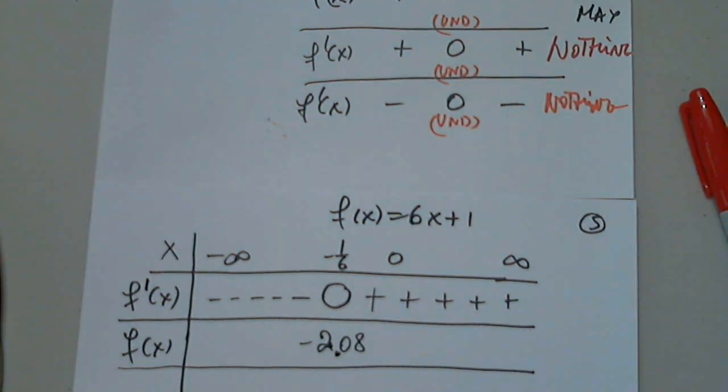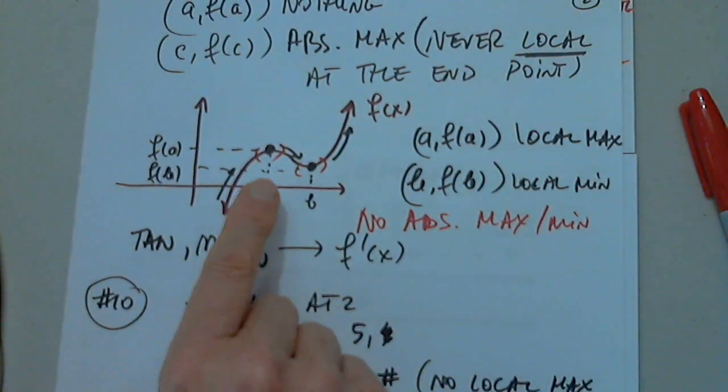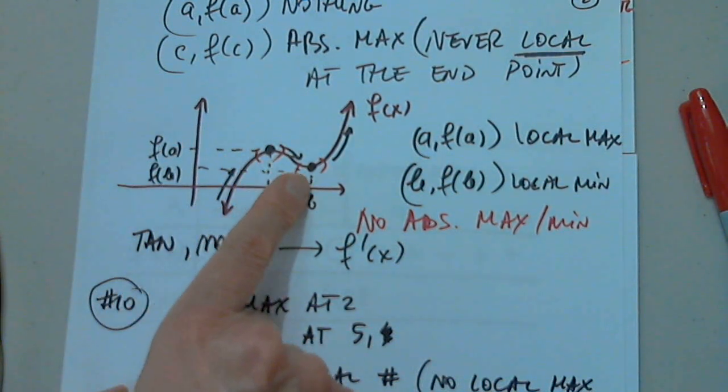And now you tell me, when the first derivative is negative, what does the function do? Decreases.